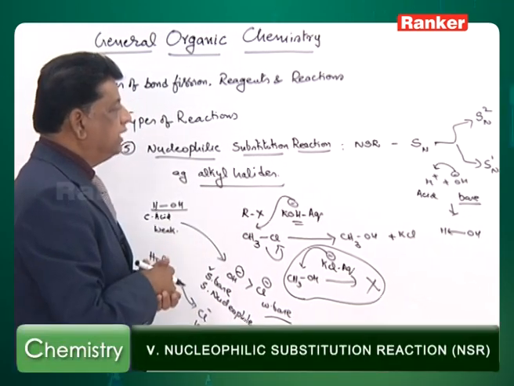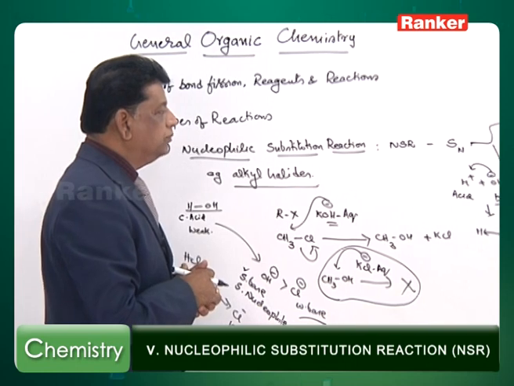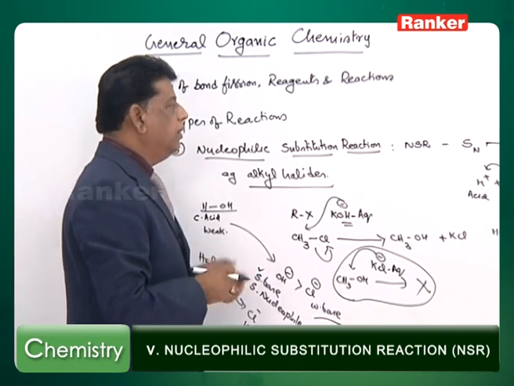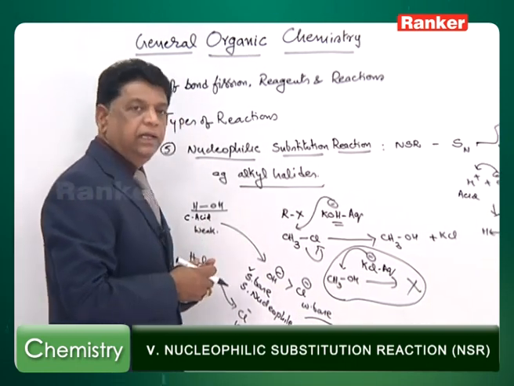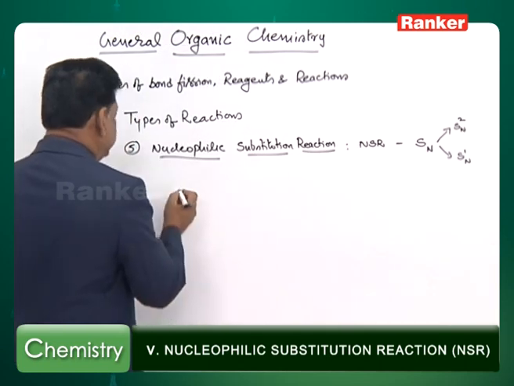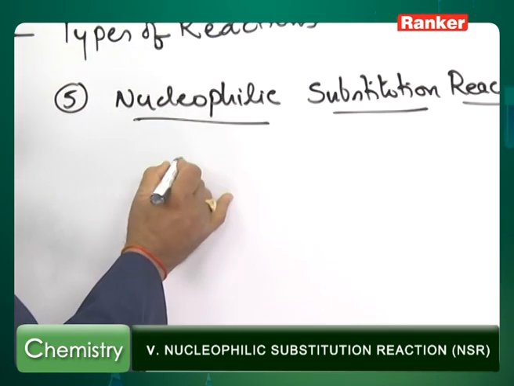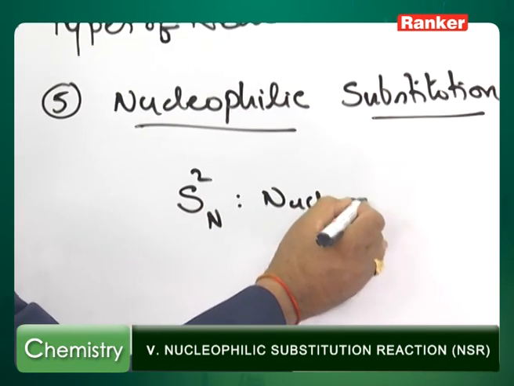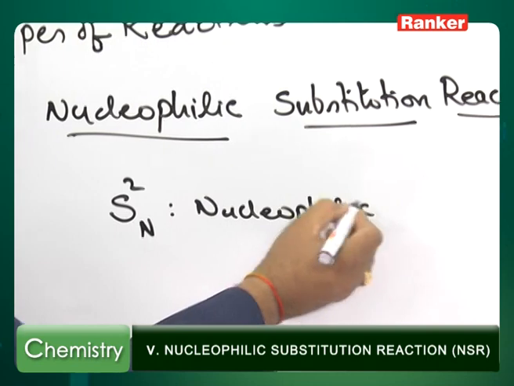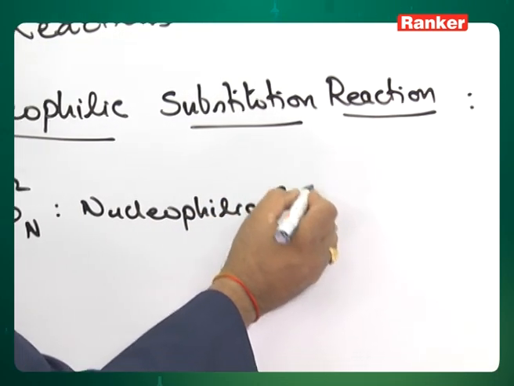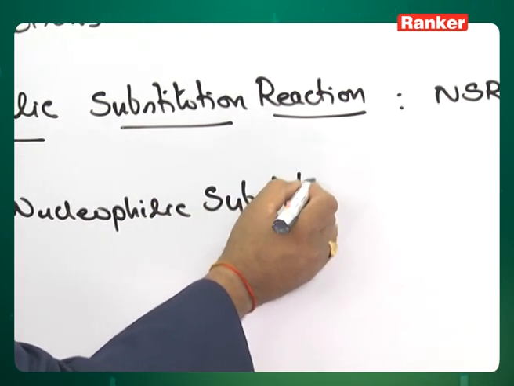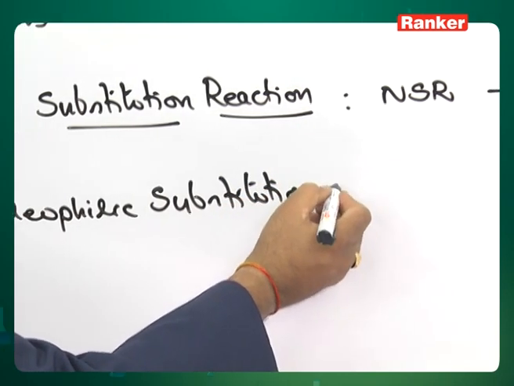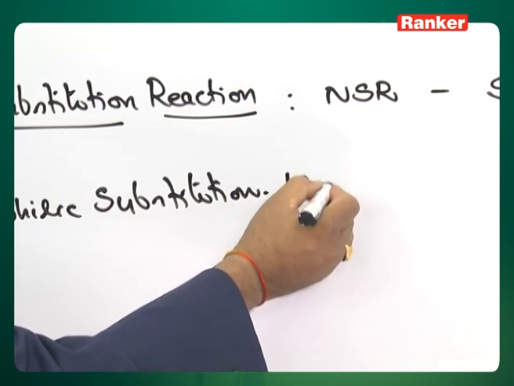Based on that, we have the classification of nucleophilic substitution bimolecular and unimolecular; those reactions we will take later. So let us first take the SN2 reaction, that is, nucleophilic substitution with a bimolecular.